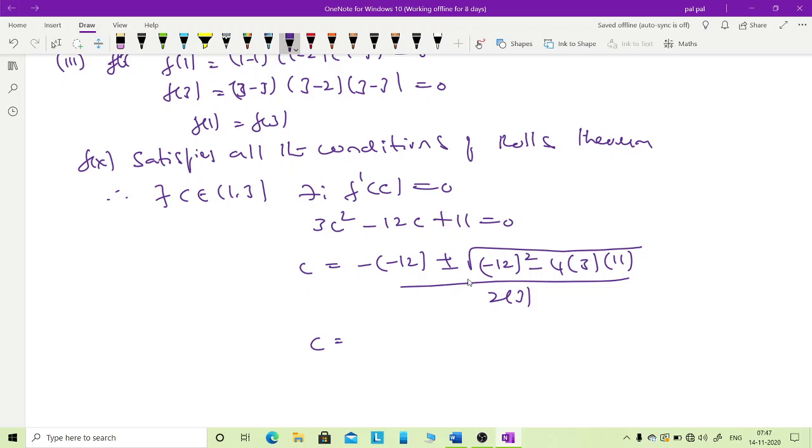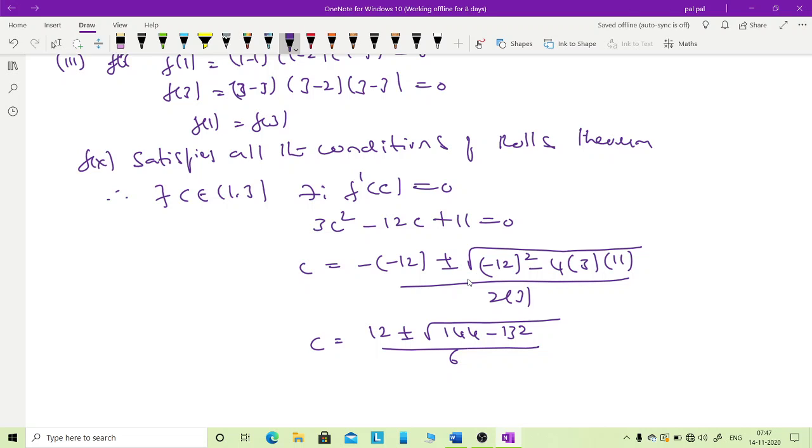So c is equal to 12 plus or minus square root of 12 square, that is 144, minus 4 3s are 12 into 11, which is 132, divided by 6. Let us go on simplifying this.